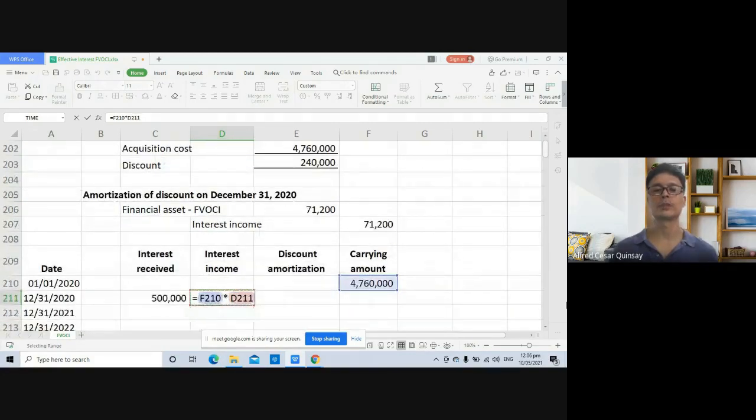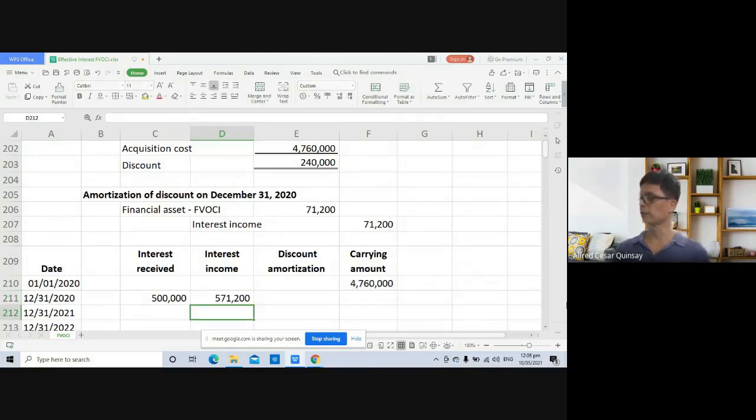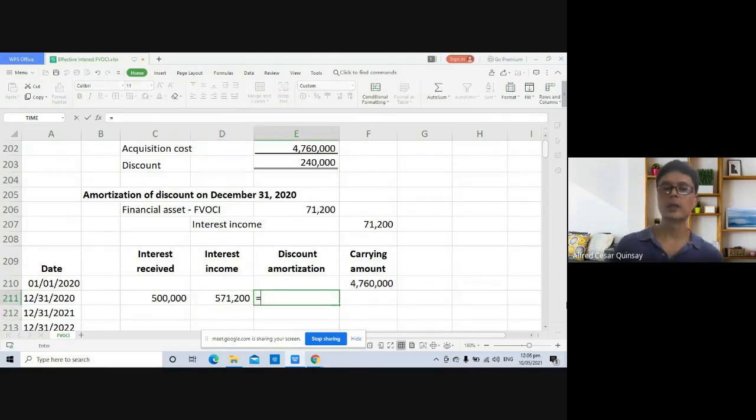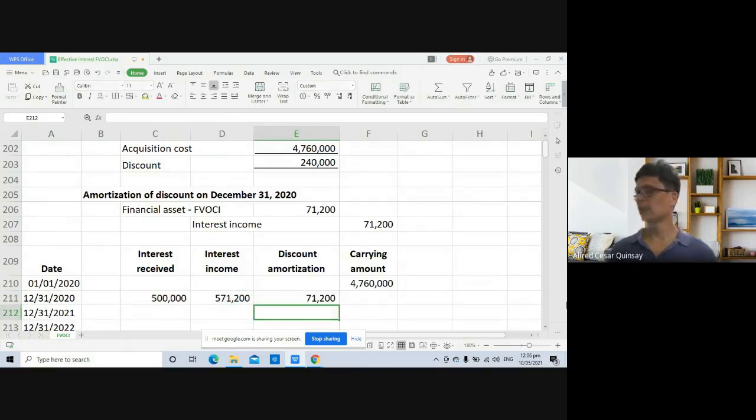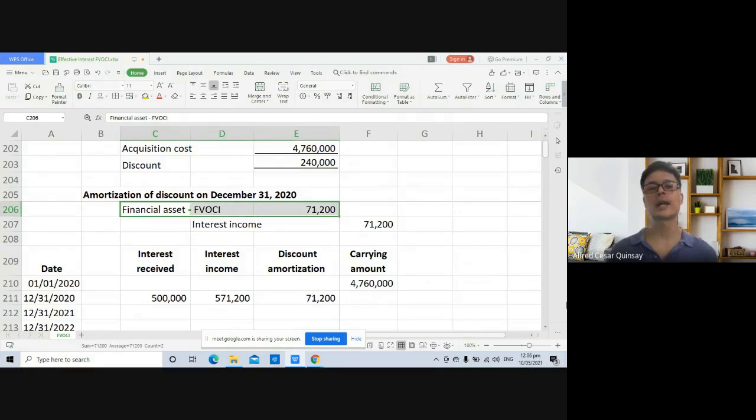So multiply this by 0.12, which gives 571,200. Then take the difference of the two, which is 71,200. This is the discount amortization. That's why we debit financial asset, FVOCI, and credit interest income for 71,200.